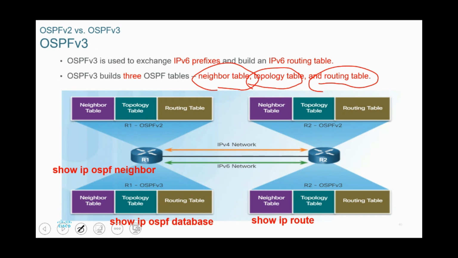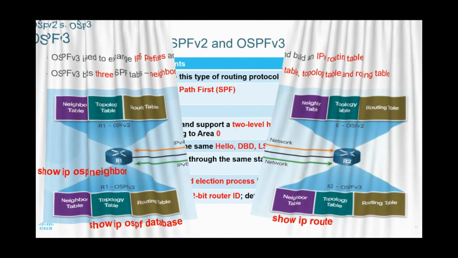If you show the IP route, you are viewing the routing table. If you show the OSPF database, you are viewing the topology table. And if you show the OSPF neighbor, you are viewing the neighbor table.